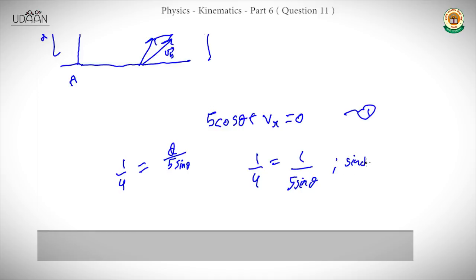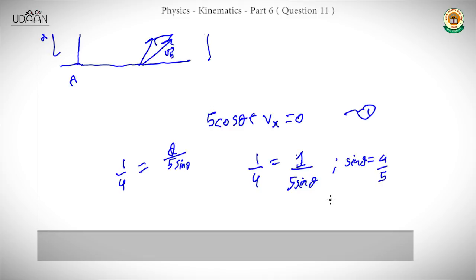Sorry, I will make a correction for you: this is 1, because the width of the river is 1 kilometer, so sin theta is equal to 4/5.